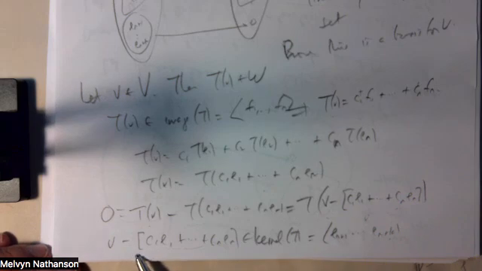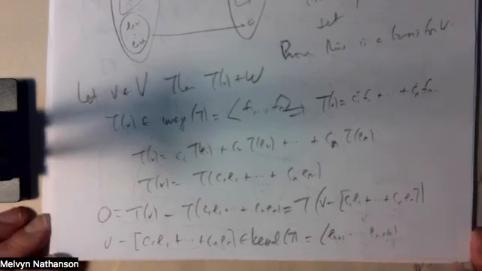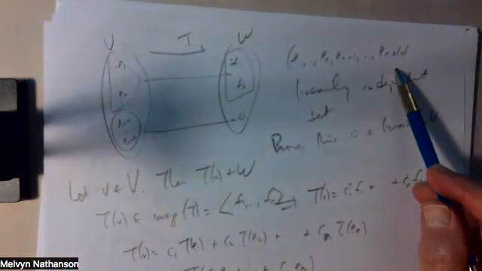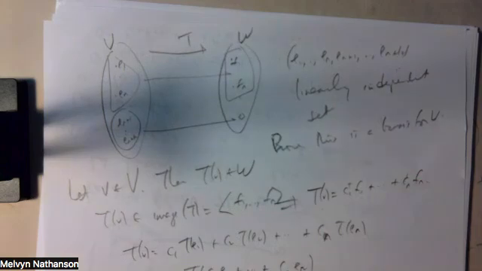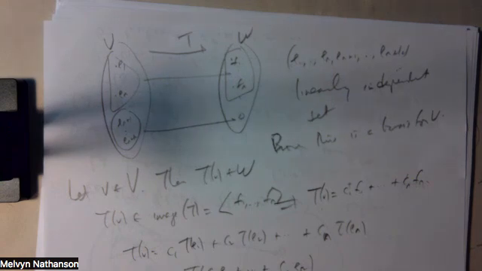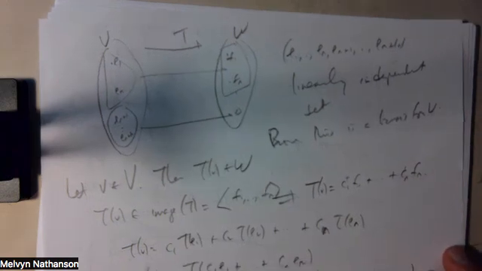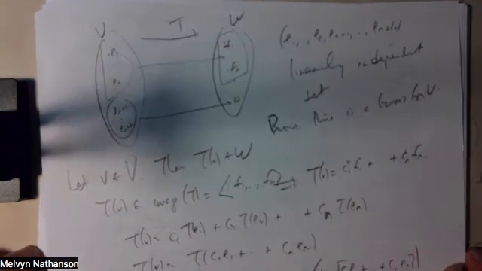You bring this to the other side of the equation, and you get v as a linear combination of E1, ER up to E_{R+K}. That means the set of R+K vectors spans the vector space, and that's what we had to prove. It also proves that the dimension of the vector space is the dimension of the kernel plus the dimension of the image. That's the proof.